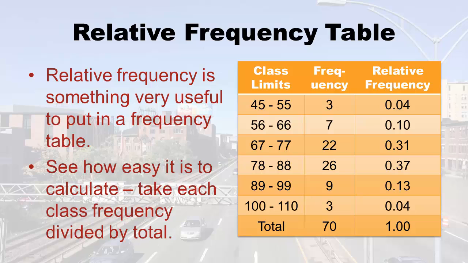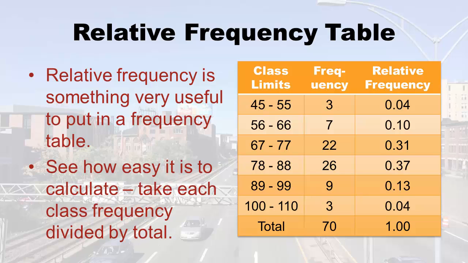Pull out the old calculator. Well, I use Excel, and I did 3 divided by 70 because that was the total, and I got 0.04. And those of you who don't really like proportions, you can move the decimal 2 places to the right and then put a percent sign. So that would be like 4% of those 70 people are in that first class.